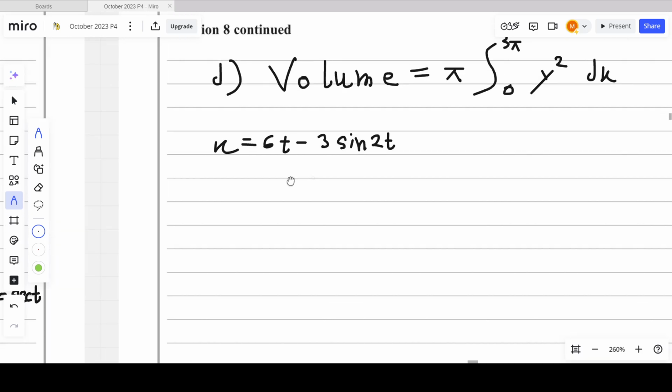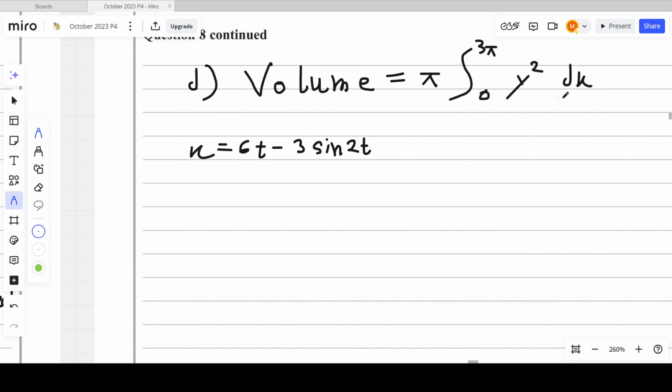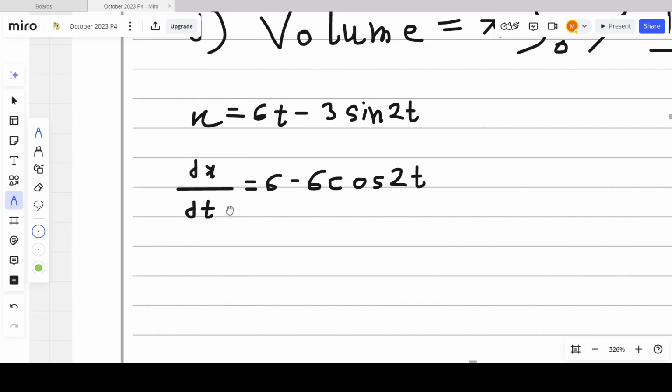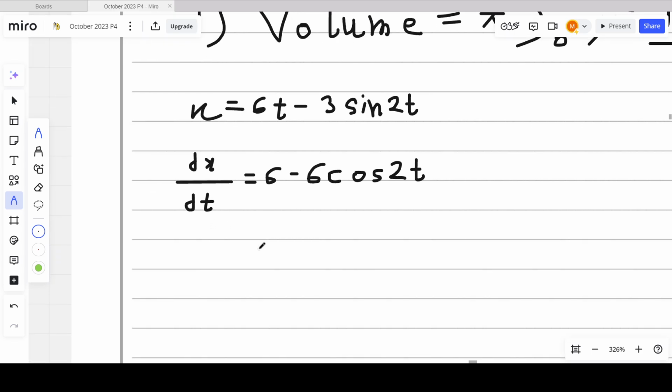Now we need a substitution for dx, so differentiate x. dx over dt equals 6 minus 6 cos 2t. Fine. Now what we need to do? We need to substitute for dx, so make dx the subject from there.